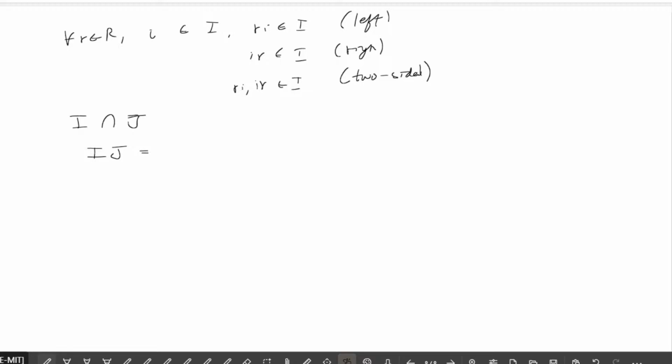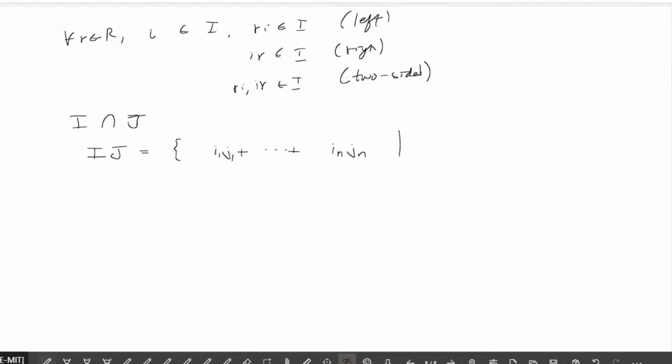Okay, so you take, actually finite sums here, because they are already ideals. That's it.